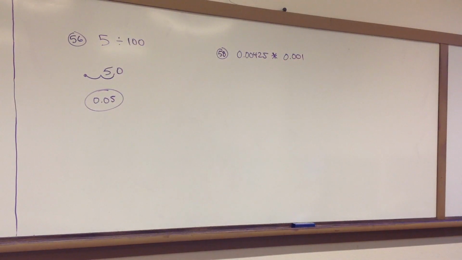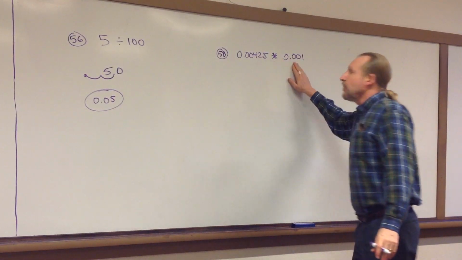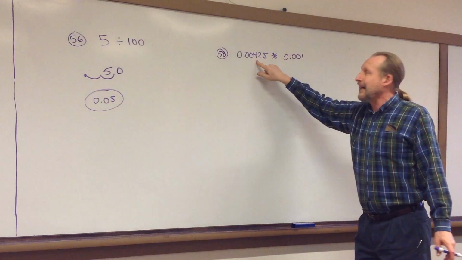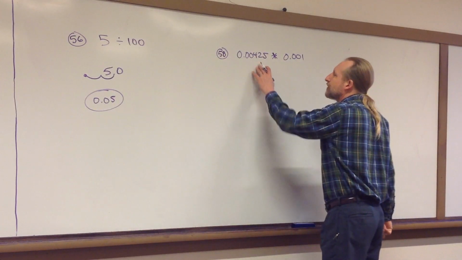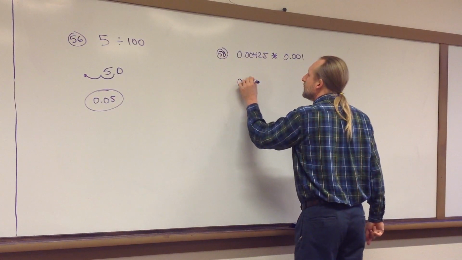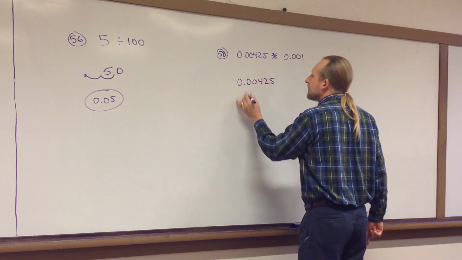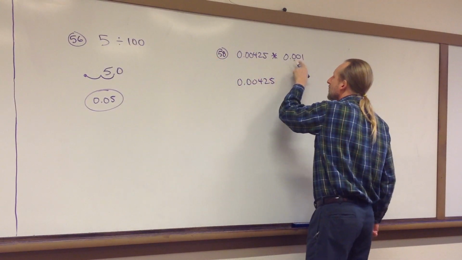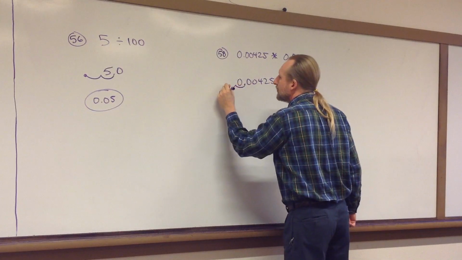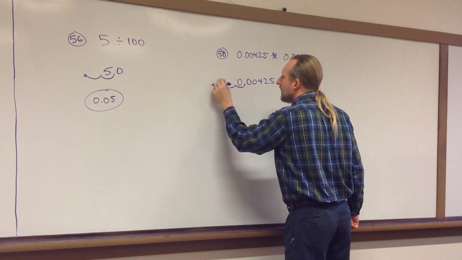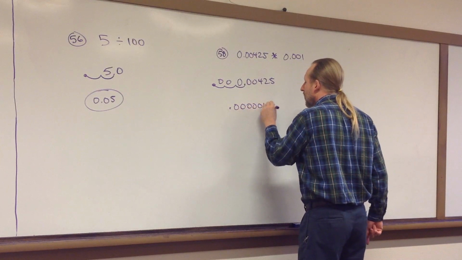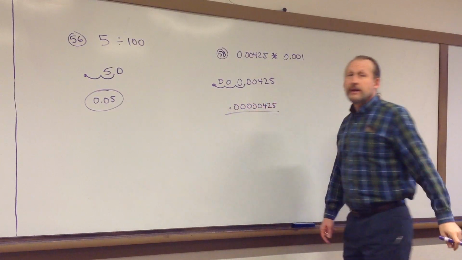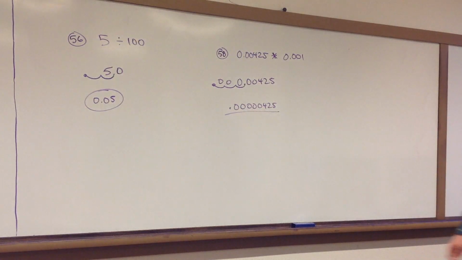So we're multiplying by a number that's smaller than 1. This number's got to get smaller. It's already pretty small. So that means this decimal point's got to go to the left 3 places. 1, 2, 3. We'll put zeros in those empty spots. And there's our answer. That's a pretty small number.